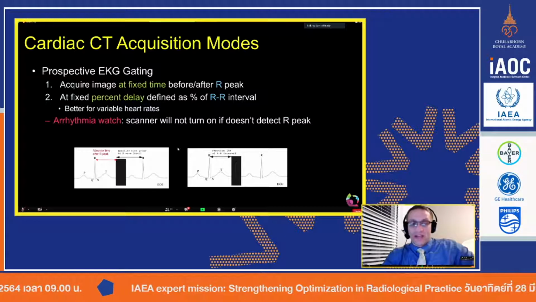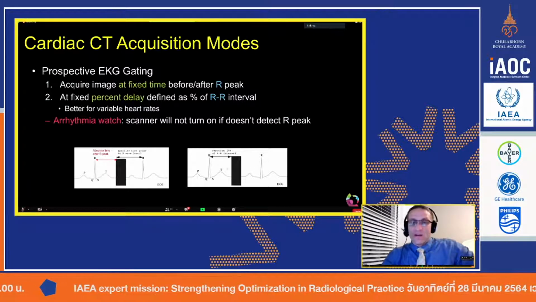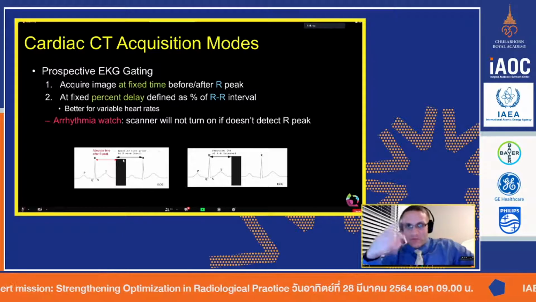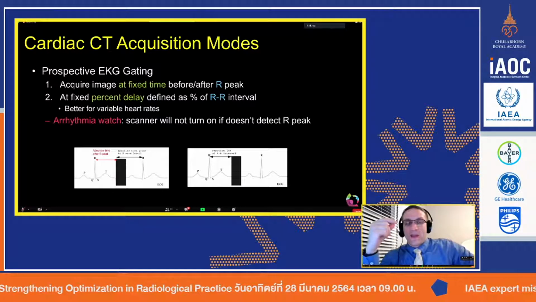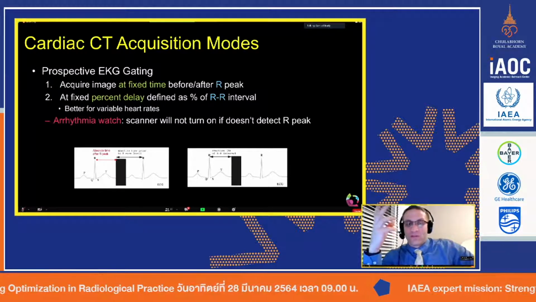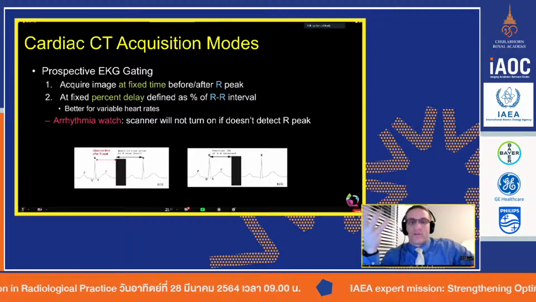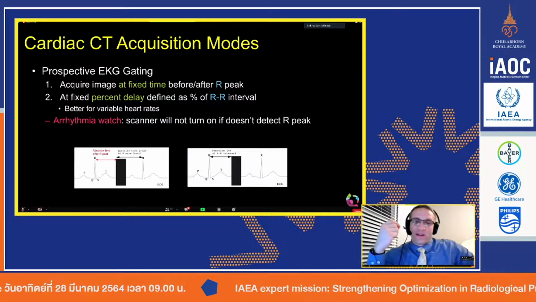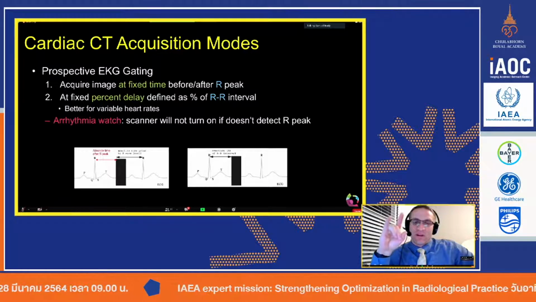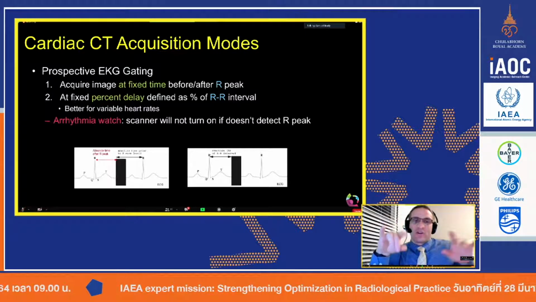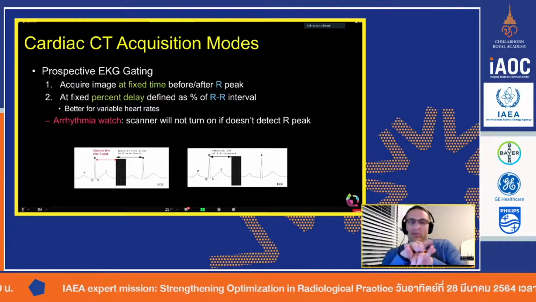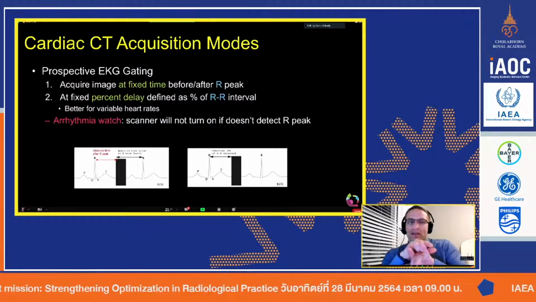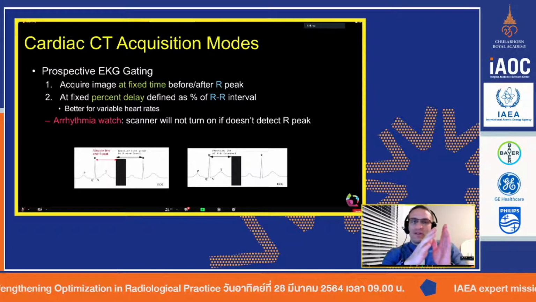Now, it should be said that in both cases, it knows what the R to R interval is because it's been tracking and measuring that. Every so often the body will throw out an arrhythmia or something goes on, and the system needs to recognize there's a divergence of the R to R. If it knows the R to R is whatever that time is, but then all of a sudden it measures something a little different, it's going to stop.